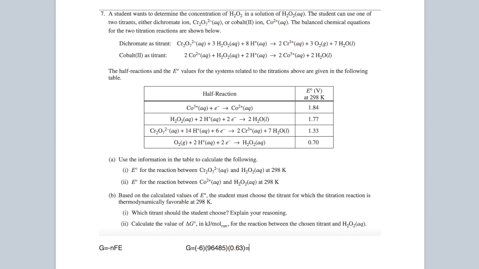And that equals negative 3.6 times 10 squared. Remember to always put your units when you can. So this is kilojoules per mole. Great. We're all done.